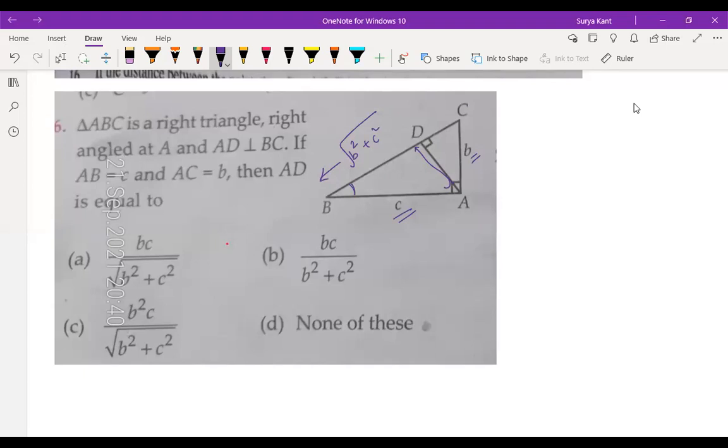This is the angle. So this whole part is B square plus C square. AD is equal to. Nice question. This question is very nice. This angle is not known, this angle is not required. This is a triangle thing, right?